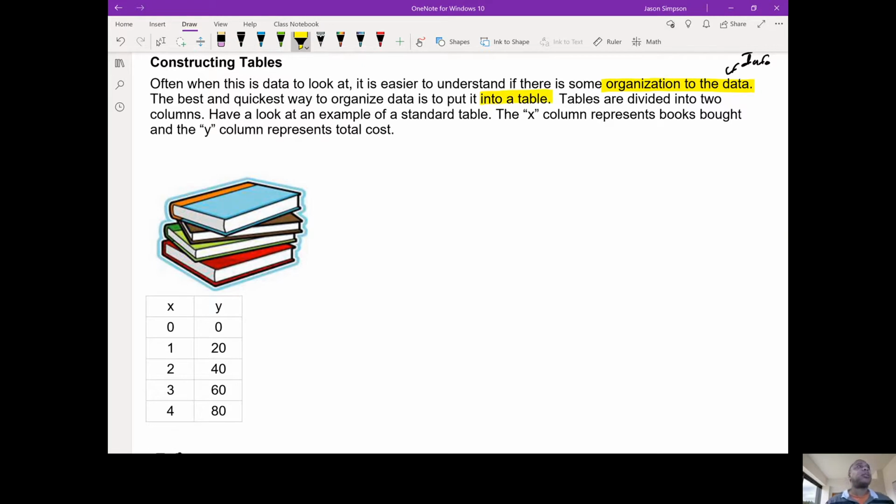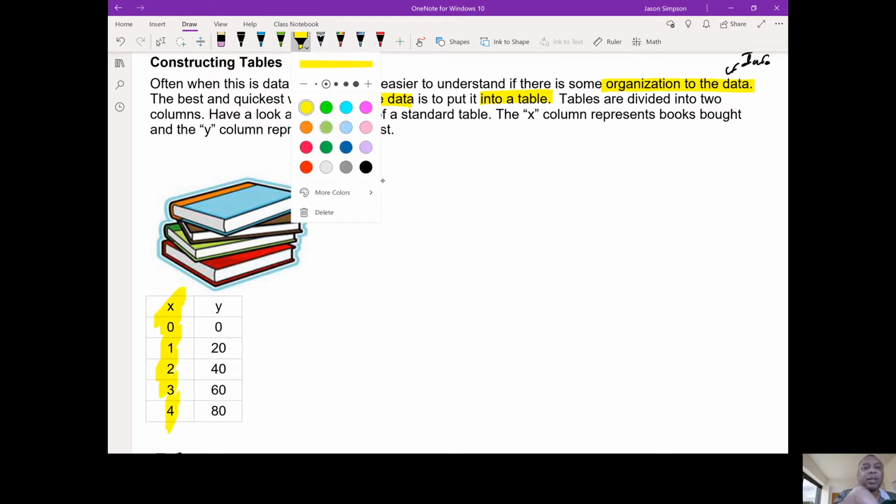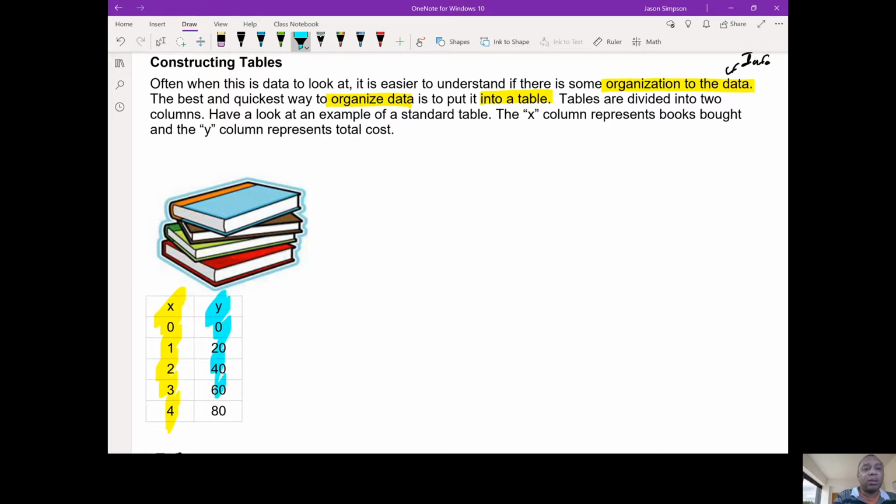Tables are set up in such a way that they organize the data so that we have two columns: an X column, and a Y column.